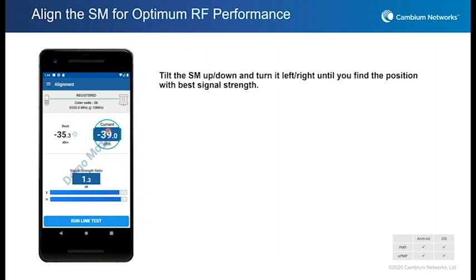Your goal is basically to do the full scan, get the best RSSI possible, and then realign the SM back to the best case RSSI. And the other thing, at least for PMP, that a lot of customers look at is the signal strength ratio. That we also show at the bottom of the screen.